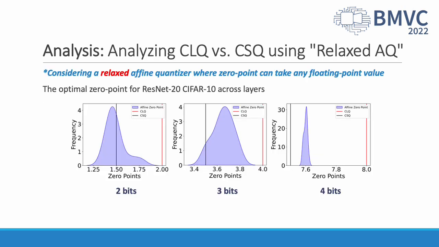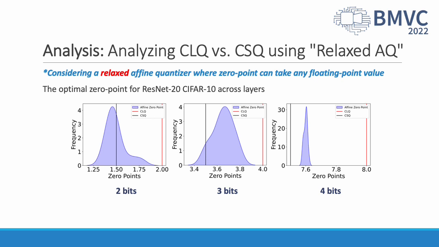Here we compare CLQ and CSQ using relaxed affine quantizer, which is a variant of affine quantizer where zero point can take any floating point value instead of integer for the sake of analysis.